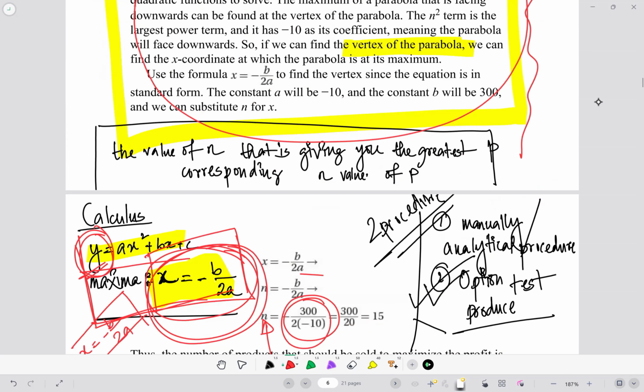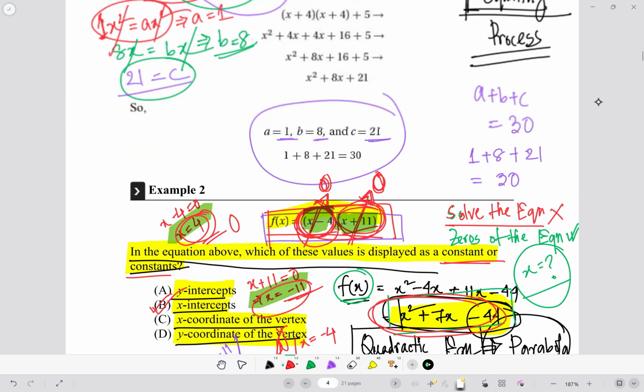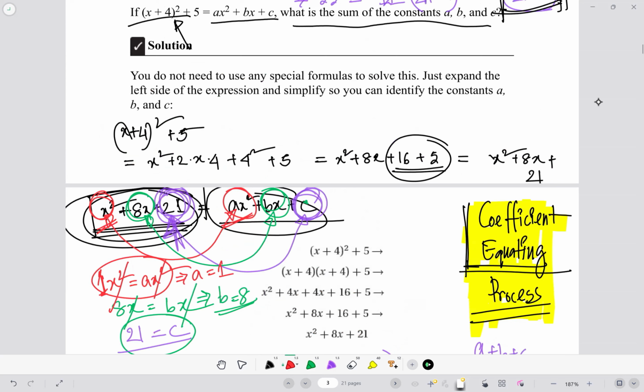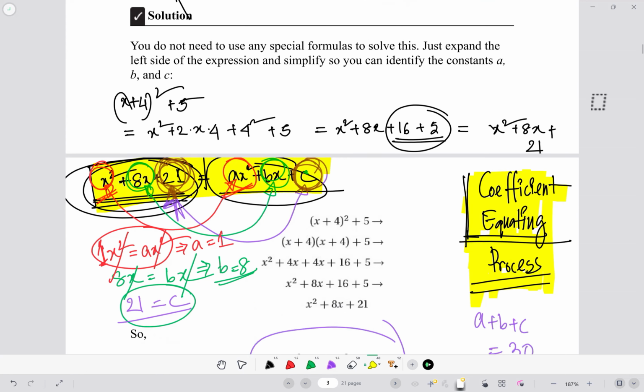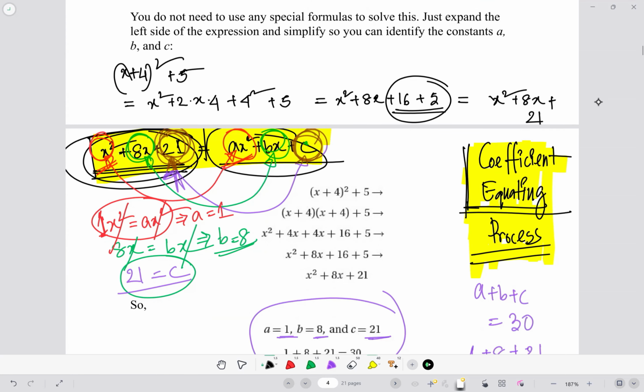In your early days, we talked about this. Just consider these two equations. Look at my screen, I'm highlighting the points now. What we have done here is a equals 1, b equals 8, and c equals 21. How did we do it?